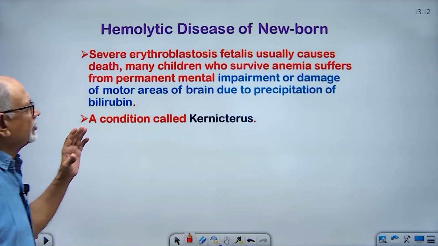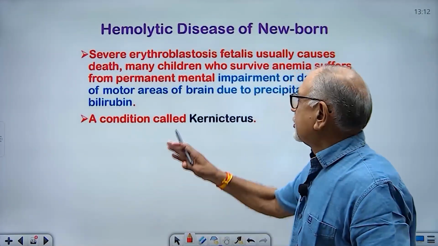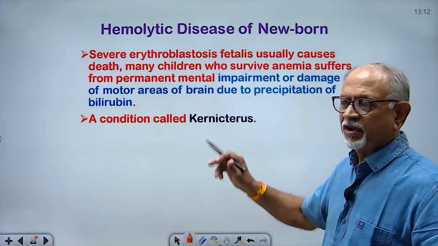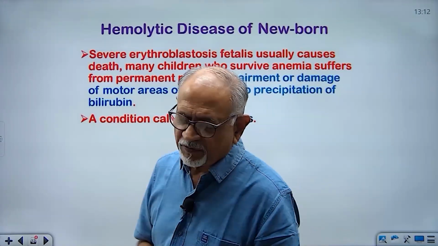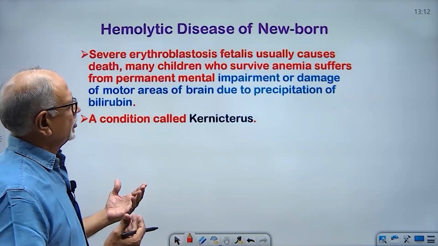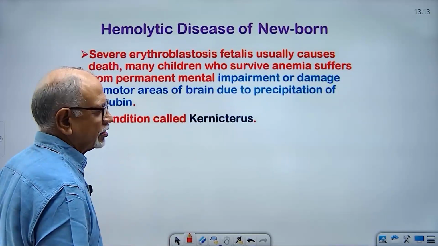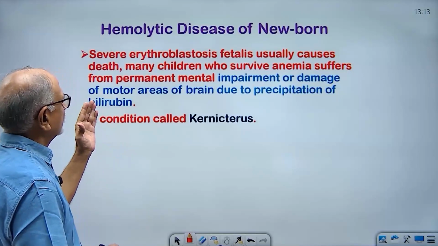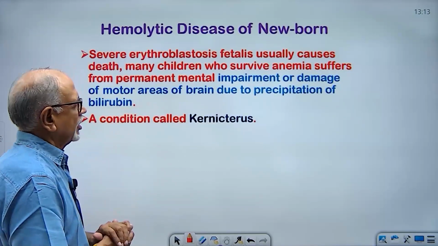In severe cases of erythroblastosis fetalis, usually death of the fetus occurs, but in some cases, if death does not occur, then the child suffers from severe anemia. Now, what happens due to this impairment and damage of RBC?